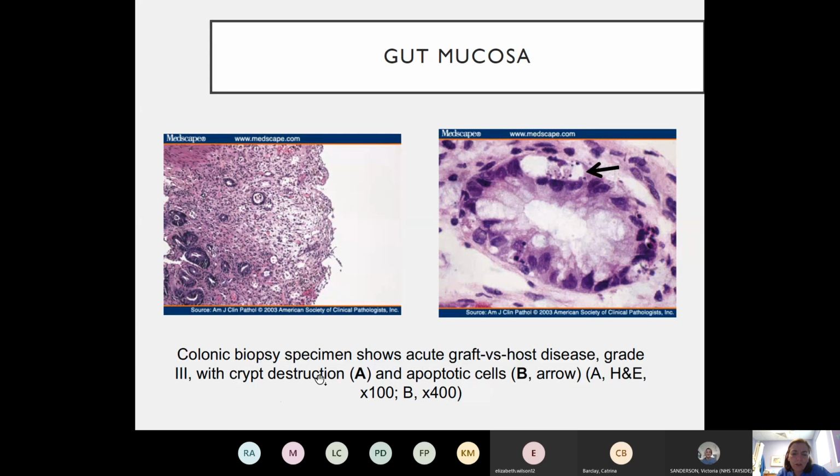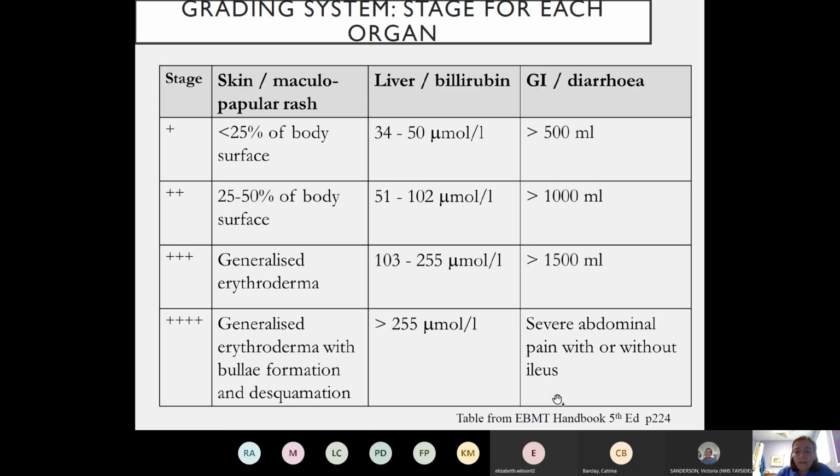So this is a colonic biopsy showing you acute GVHD grade 3, and I think that's probably going on the gross appearance of the loss of nice architecture and the inflammatory infiltrate with crypt destruction and apoptotic cells. But there isn't an actual biomarker that you can use in a biopsy, it's an impression.